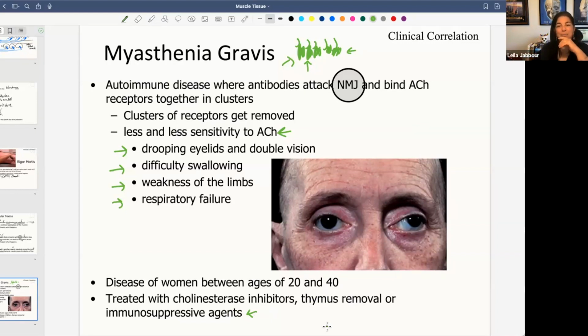It's really, really frustrating. All autoimmune diseases are frustrating diseases because it's your own body reacting to yourself.